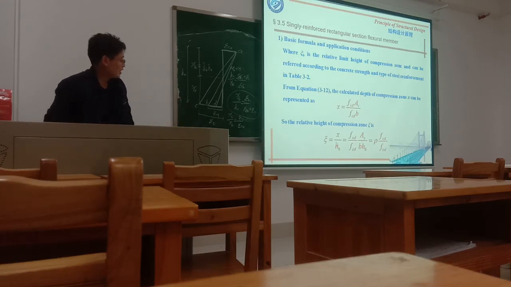So that means this ξ actually reflects lots of things. Not only the reinforcement ratio, but also the relation of the material strengths: the strength of the reinforcement and the strength of the concrete.